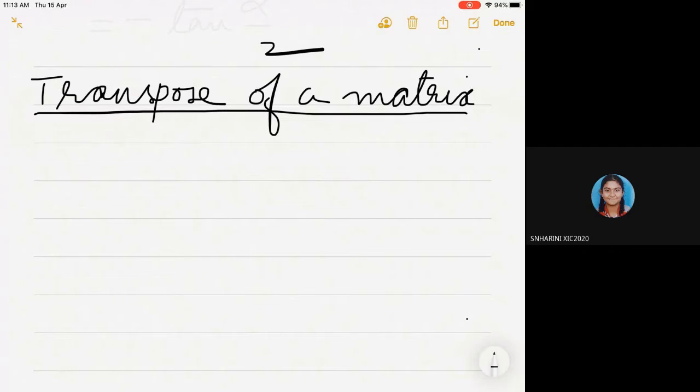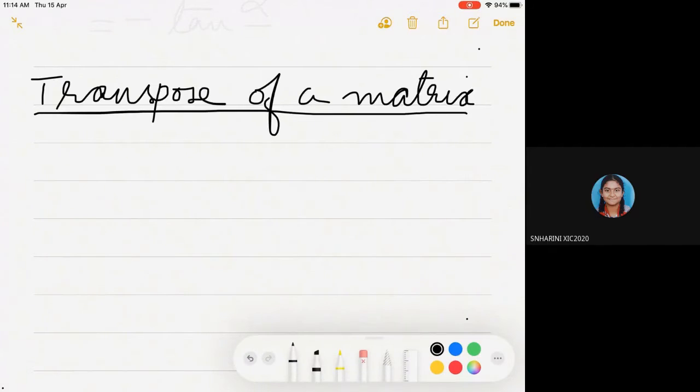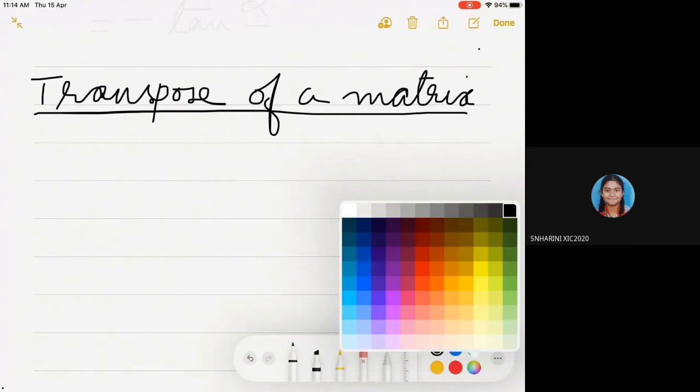In matrix multiplication and addition, we need minimum two matrices, whereas for scalar multiplication, to define that, we need only one matrix. Like that, transpose is also one type of operation, and to define that, we need only one matrix.